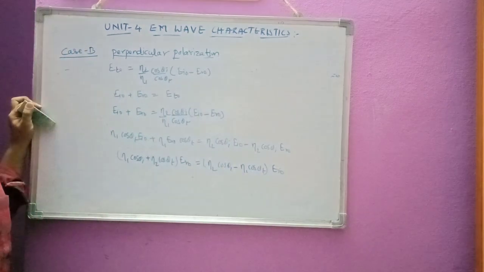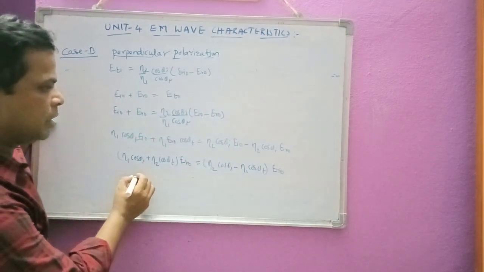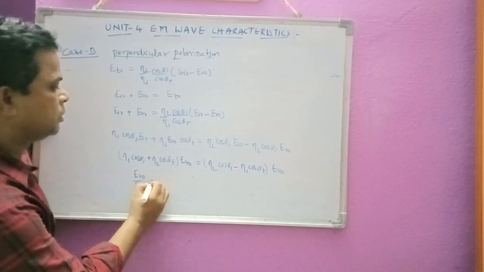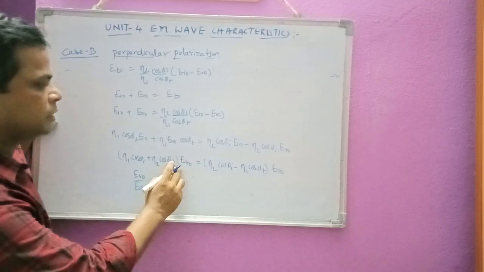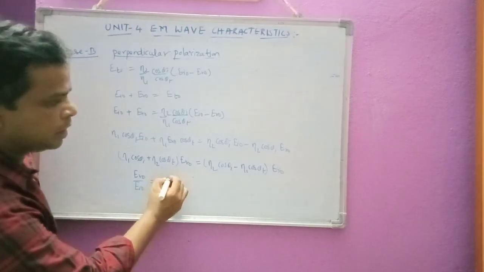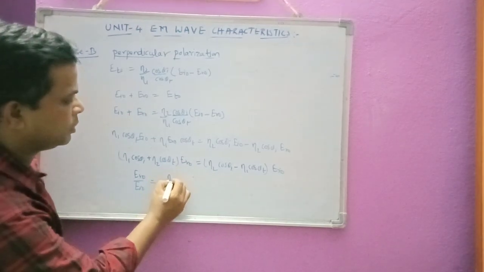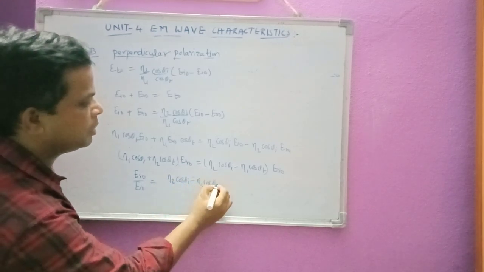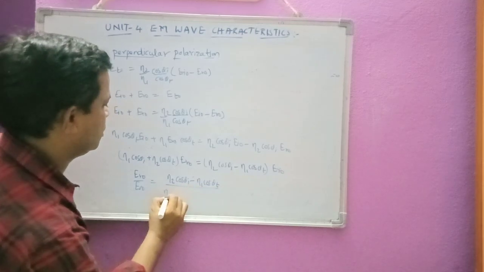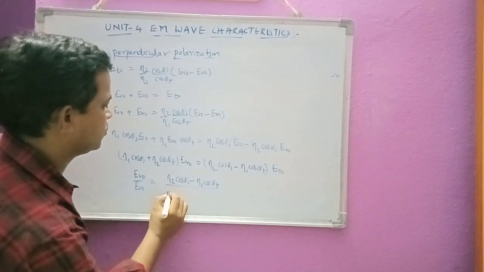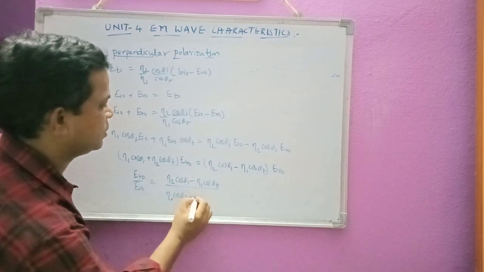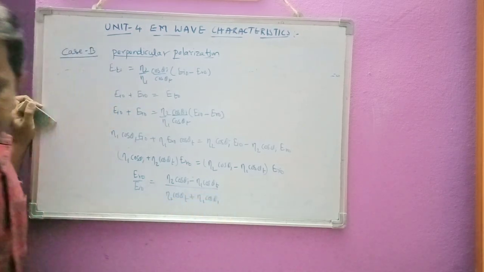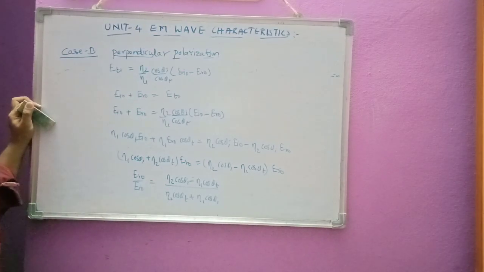So what I get here is the ER0 to EI0 ratio, that is eta 2 cos theta I minus eta 1 cos theta t by eta 2 cos theta I plus eta 1 cos theta t. So that is the equation I am going to get here.